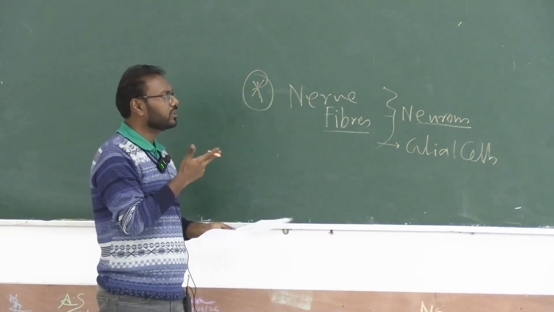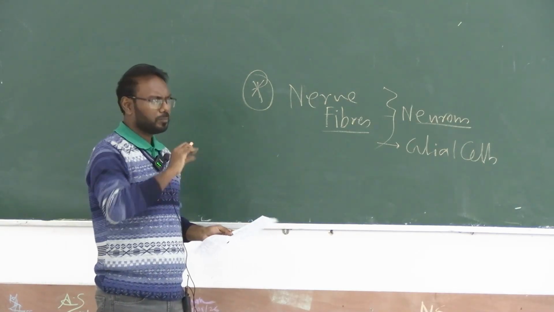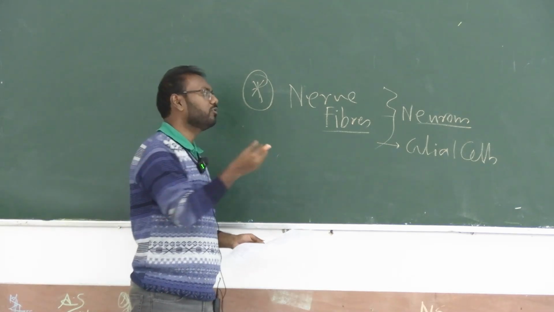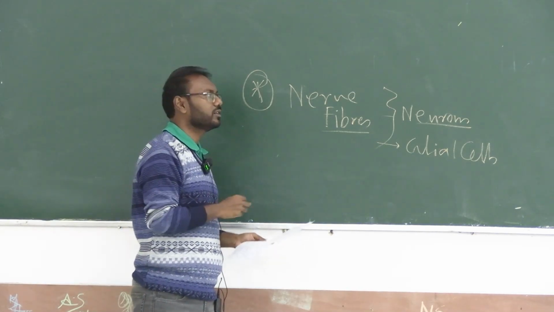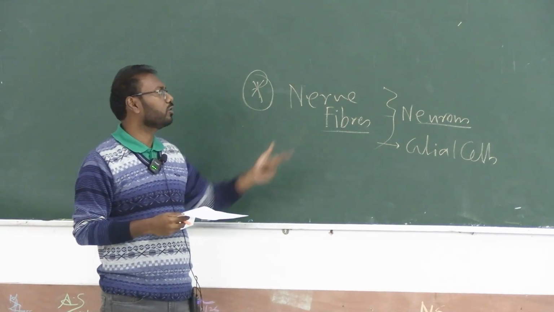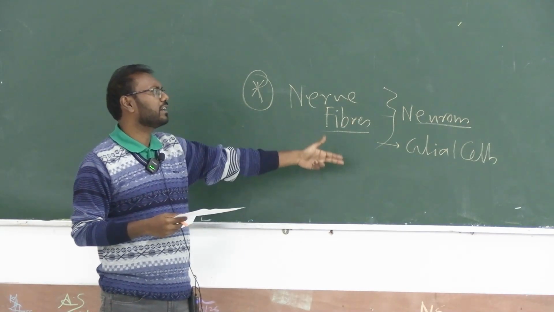The collection and processing of that information is done by these neurons, that means your nerve fibers, and glial cells.